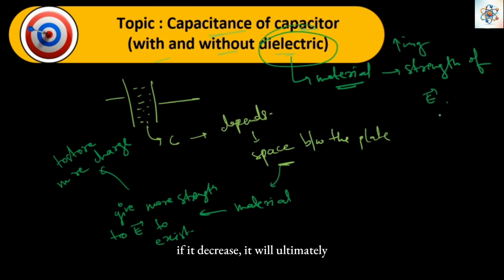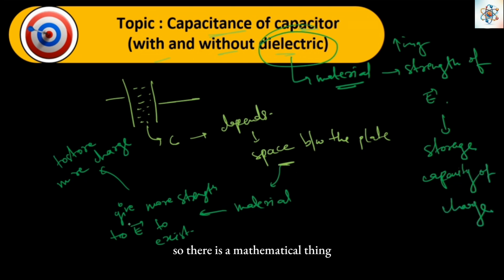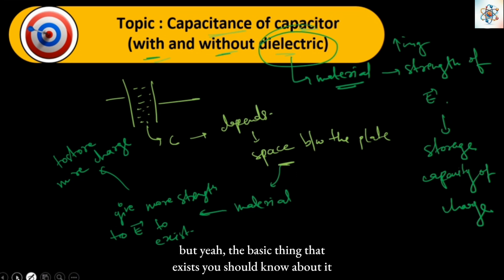If the strength of the electric field increases, it will ultimately increase the charge storage capacity. There is some mathematical thing also about it, but I don't think we should go into it. The basic thing that exists, you should know about it.